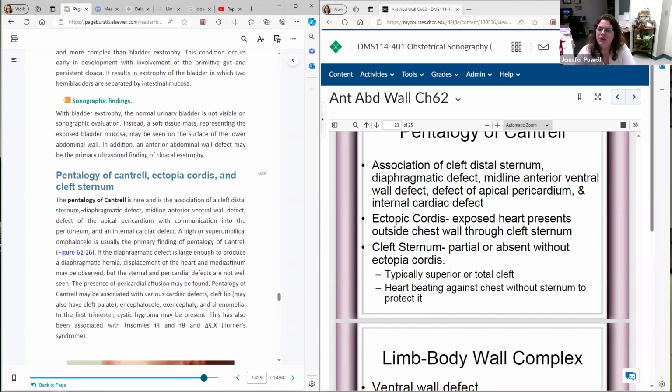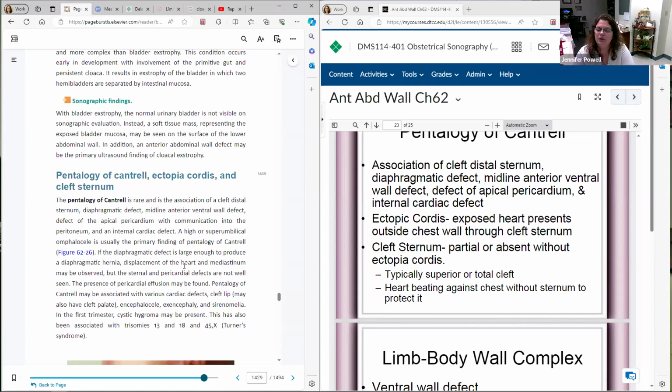Reading from the book, the pentalogy of Cantrell is rare and is associated with a cleft distal sternum, diaphragmatic defect, midline anterior ventral wall defect, defect of the apical pericardium with communication into the peritoneum, and an internal cardiac defect.